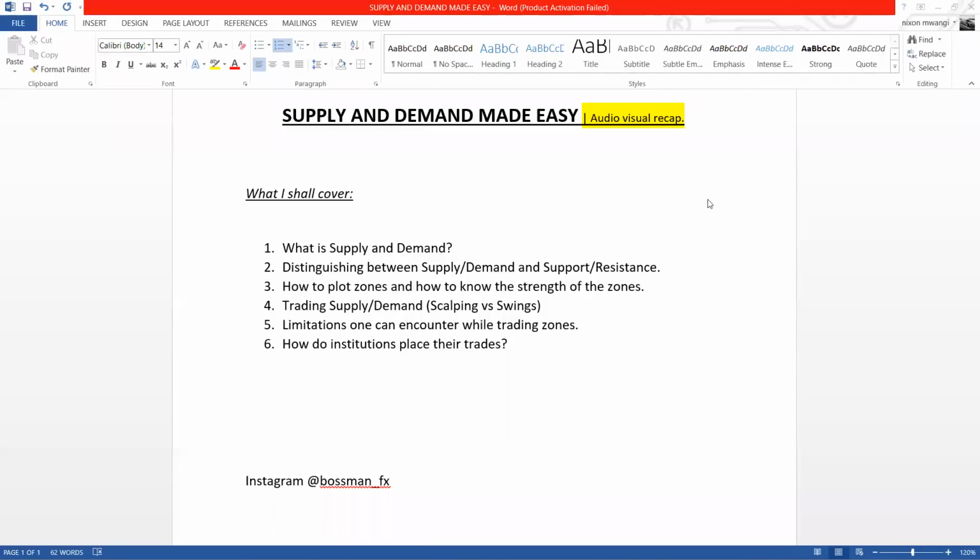Okay, now we'll go on to the second: distinguishing between supply and demand and support and resistance. For that, I'll go back to my TradingView, and I'll be able to show you the supply and demand and the support and resistance.